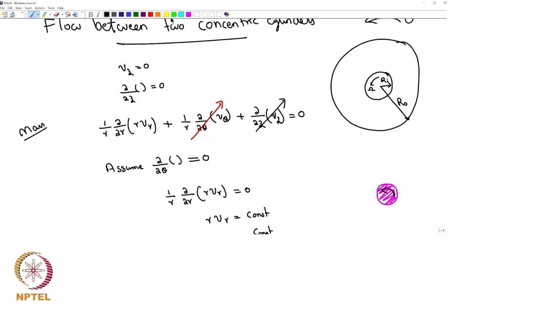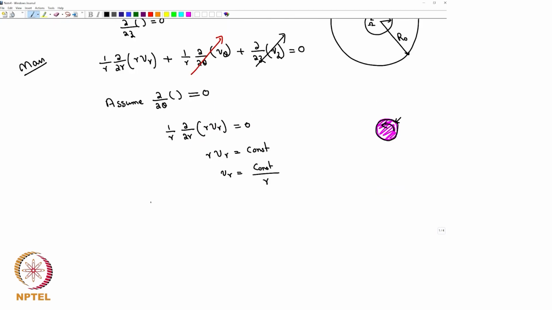Let's imagine that's your inner cylinder, and this inner cylinder is rotating in a counterclockwise fashion with some angular velocity. What do you expect the value of Vr to be on the surface of the cylinder? You can't have fluid that's going into the cylinder, because the cylinder is a solid cylinder. So Vr on the surface of the cylinder has to be 0.